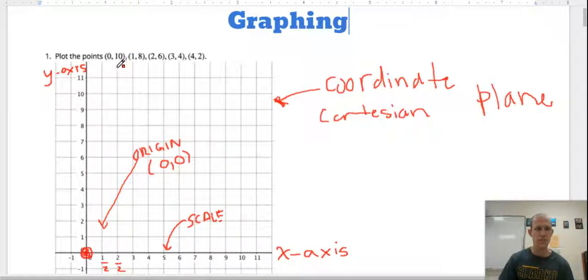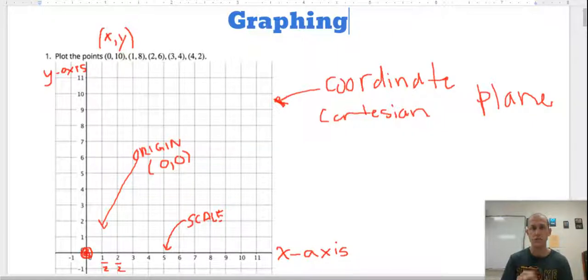So coordinates are made up of two different numbers. One stands for the horizontal, one stands for the vertical. So the coordinates are labeled alphabetically. So for example, 0, 10: 0 is the x, 10 is the y, because in the alphabet it goes x, y. This is two-dimensional space.